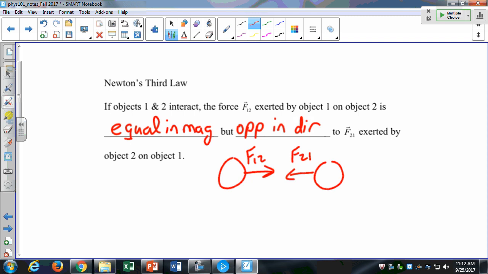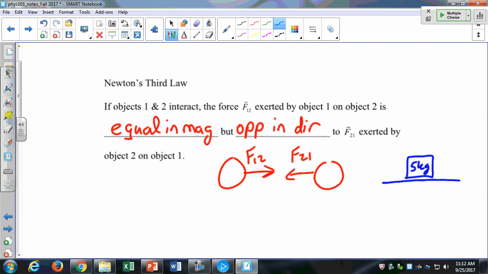A similar thing is true if I push on a surface, then I'm going to push with a certain force. The surface will push back with exactly the same force. So let's say, for example, that I have an object that's just sitting here on the ground. Let's say that this object has a mass of 5 kilograms.